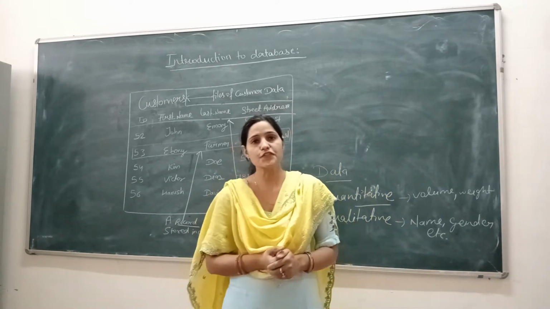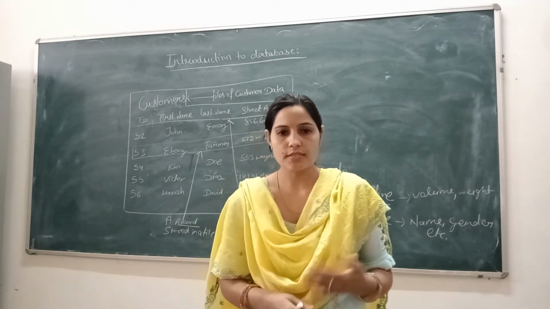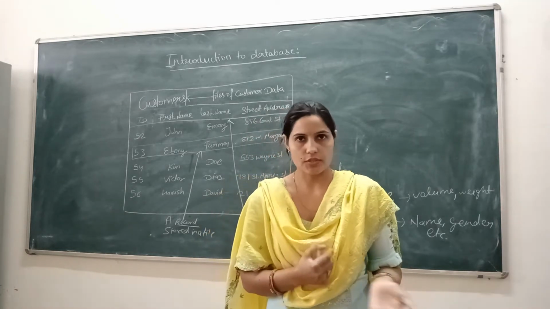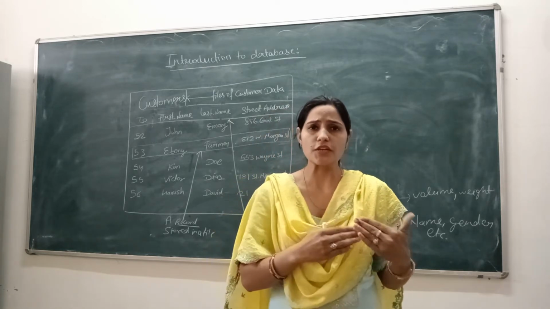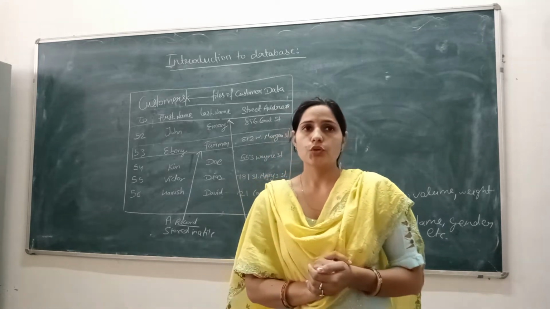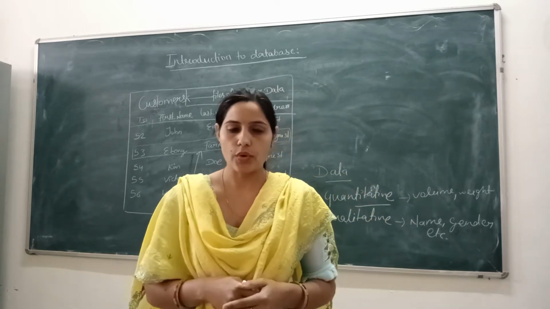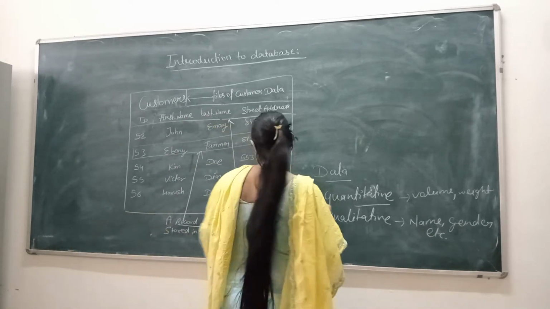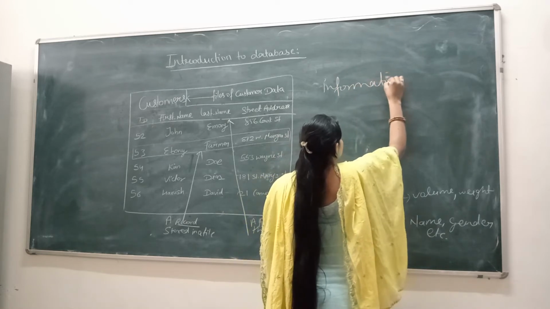Okay, after the data, we learn about information. What is information? Information is defined as the knowledge gained through communication, study and instruction. When we collect data, it gives some useful information for the user. The data helps to make decisions and take actions. Information is divided into three terms.